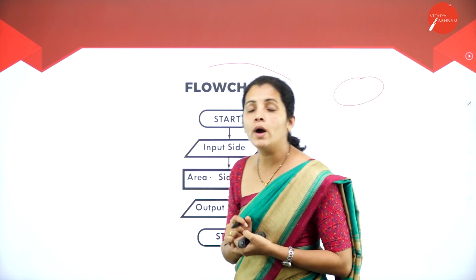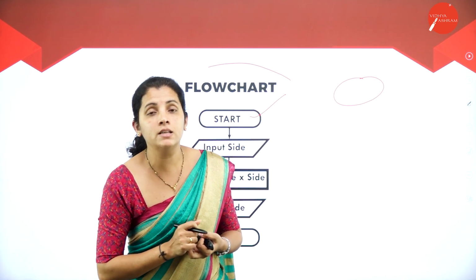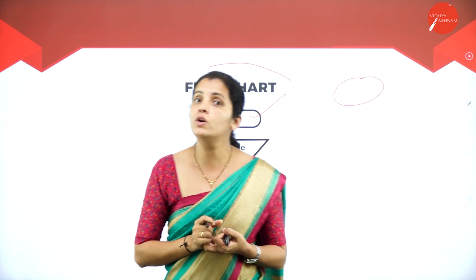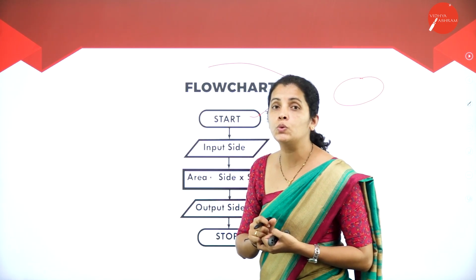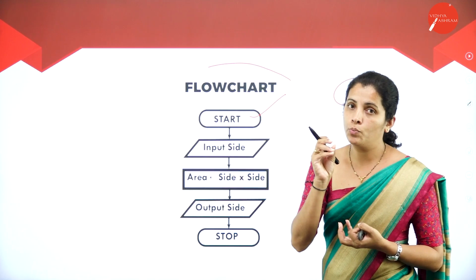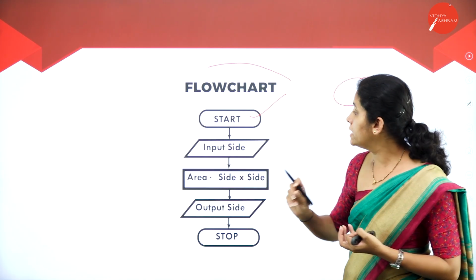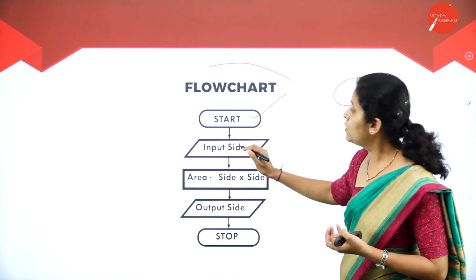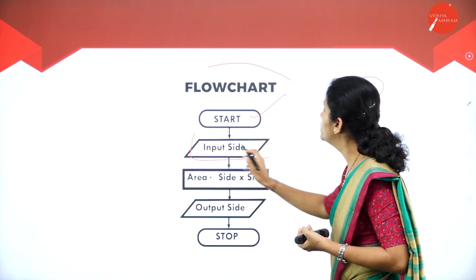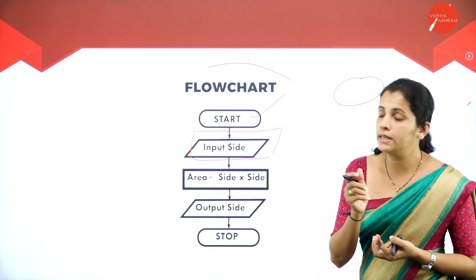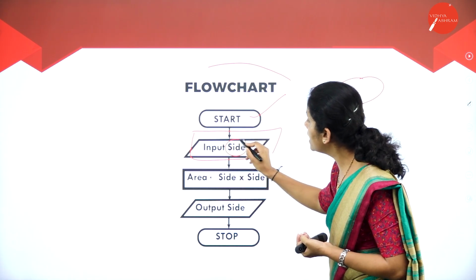Now tell me why I'm going to use this parallelogram symbol. Here the parallelogram is mainly used to display the output. Along with that, it is mainly used to indicate the input. So here I'm going to read the input. What kind of input? That is, I'm going to read side.